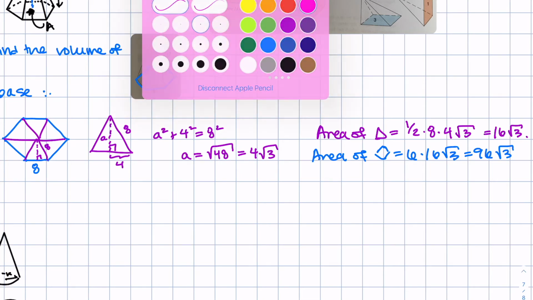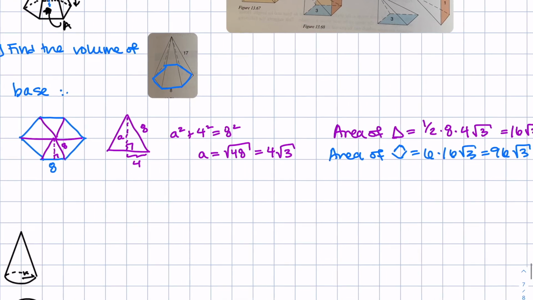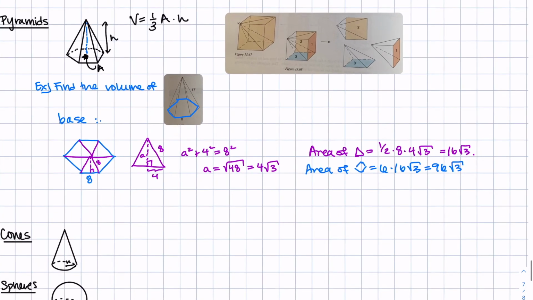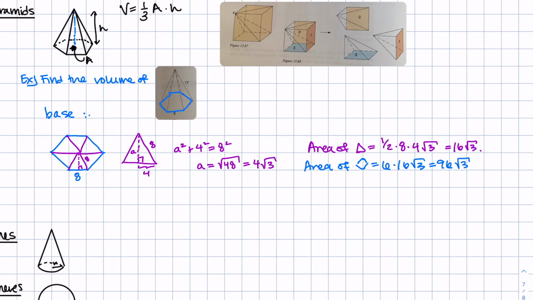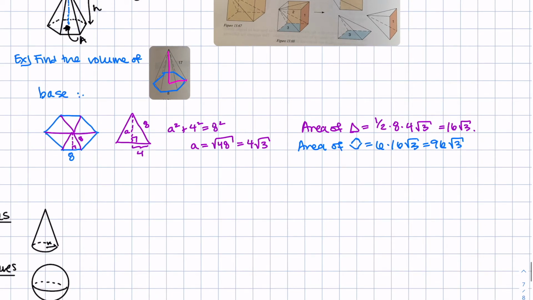Okay, so last but not least, to find the total volume, we need to multiply by the height of this figure. So I need to find this height, h. And so I have another little triangle that we can imagine embedded into this pyramid.